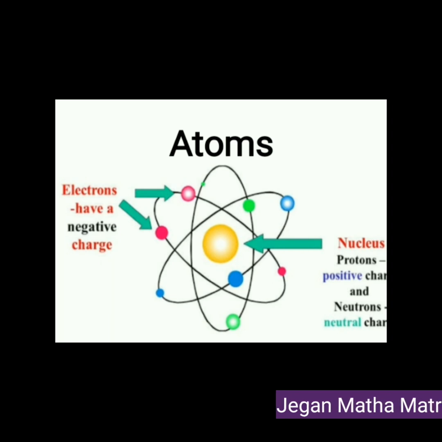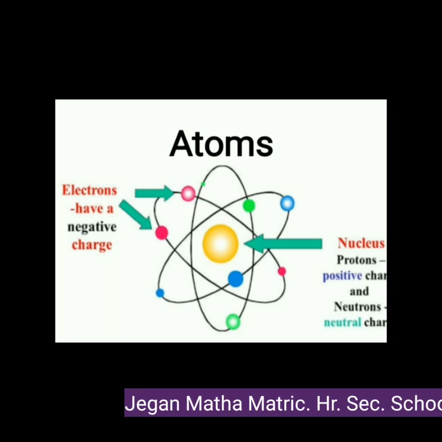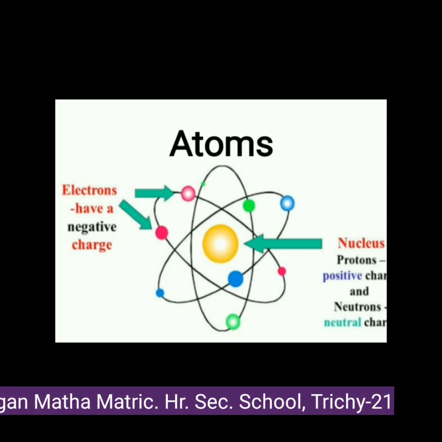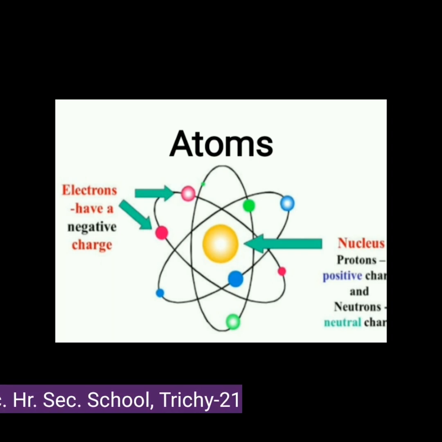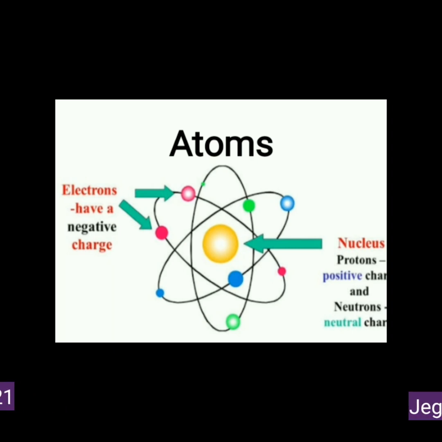An atom is the smallest particle of an element that still has the same properties of that element. In an atom, the center part is the nucleus, which has protons with a positive charge. Electrons have a negative charge and neutrons have a neutral charge.